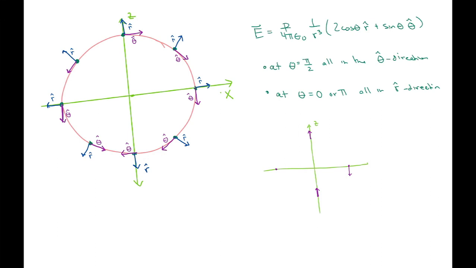Similarly over here, it's going to point down, and these would actually be a little bit shorter, about half the length of these. If I were to draw them with the correct magnitudes, that would look something like that.